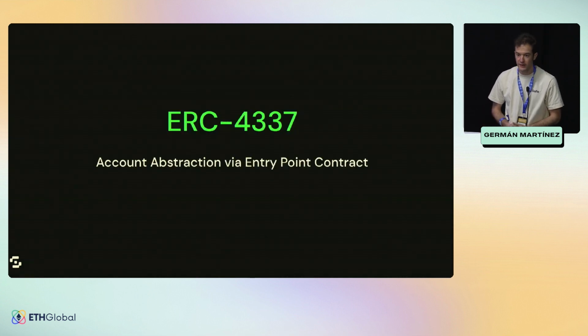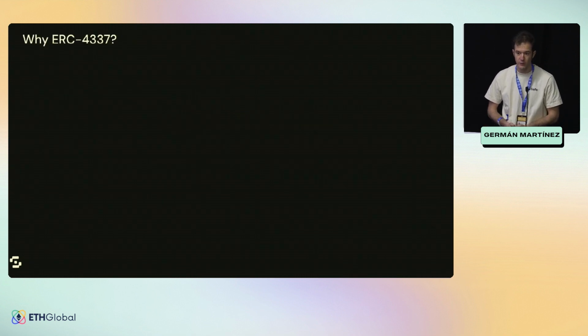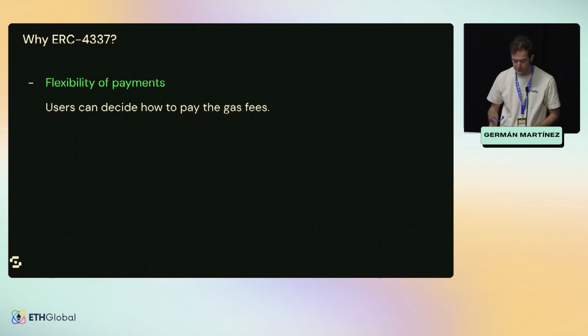So let's start with some of the benefits of the ERC 4337. Apart from the ones that are inherent for smart accounts, we have, for example, flexibility of payments, where users can decide how to pay for the gas fees. They can pay in ERC20 tokens, they can pay in the native token, they can even get their transactions sponsored by a third party.